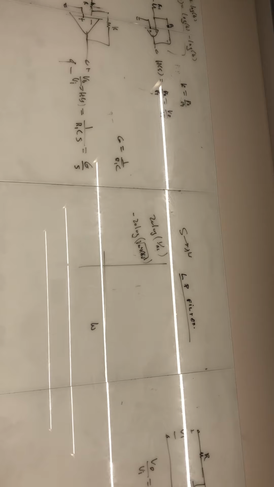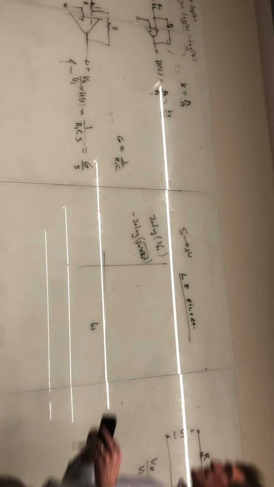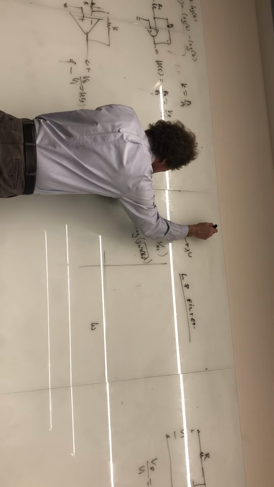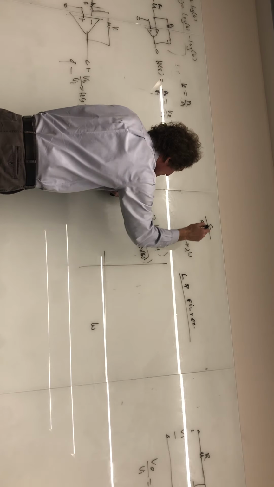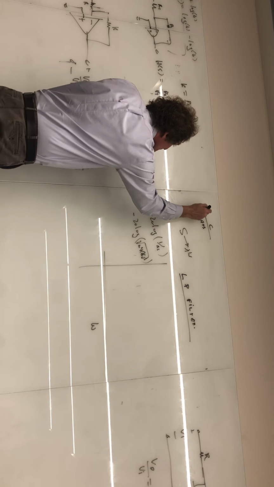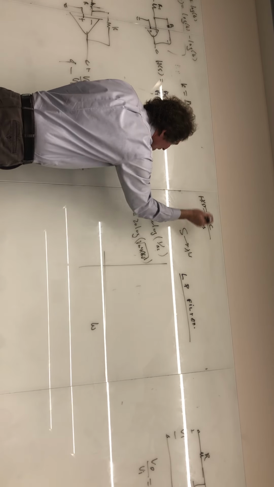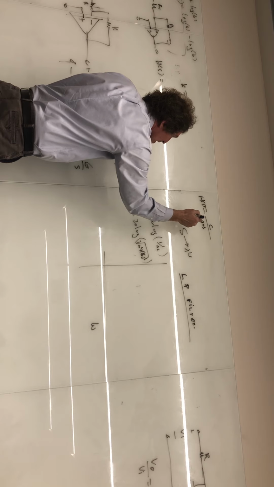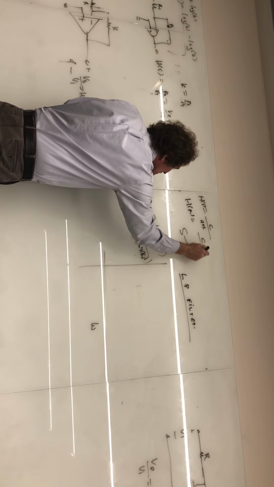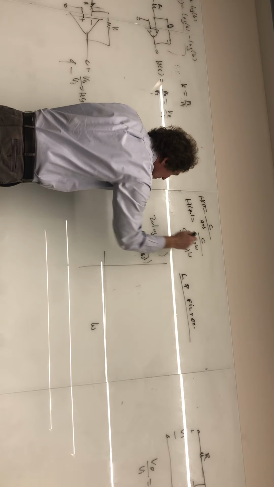But then I want the magnitude, let me back up for a second since that's the second equation. I had something to the effect of c over a plus s, correct class? Call that H of s. Now I let s become j omega. Right?